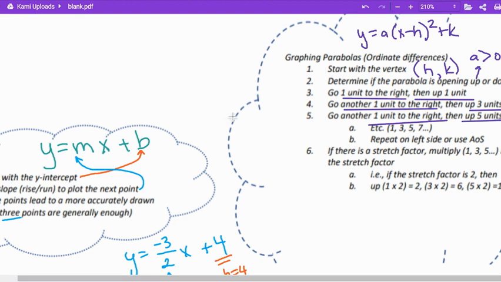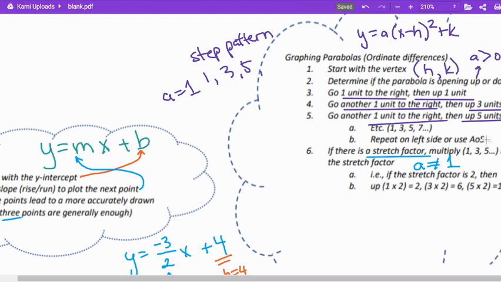Do you remember that? The step pattern being 1, 3, 5, 7, 9. This is when a equals 1. However, if there is a stretch factor, that means a does not equal 1.